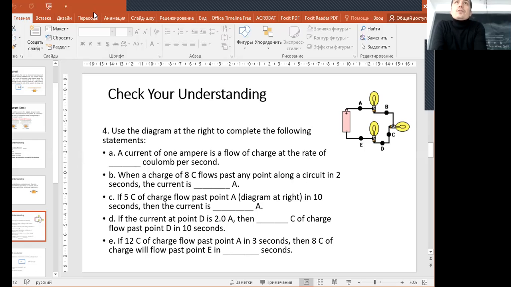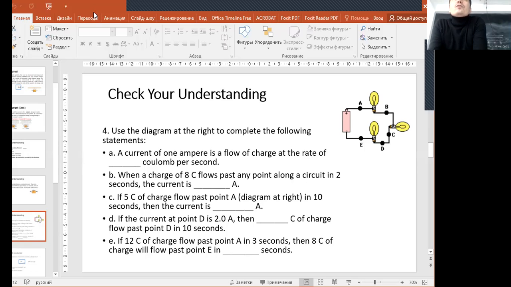B1. When a charge of 8 coulombs flows past any point along a circuit in 2 seconds, then the current is 4 amps, yes. C1.